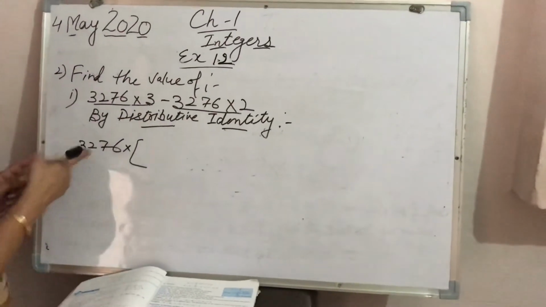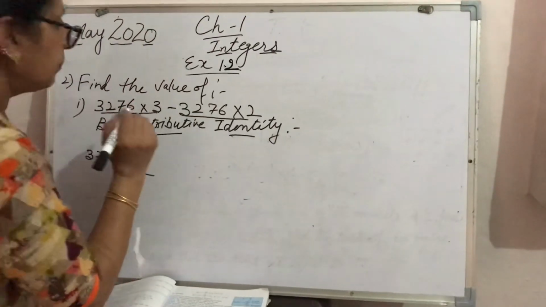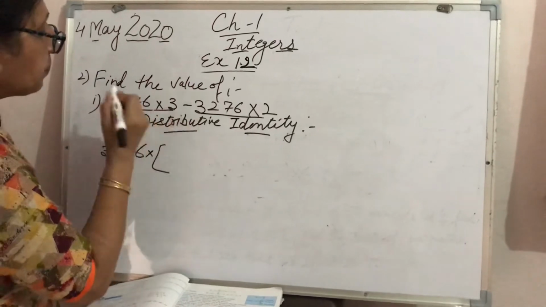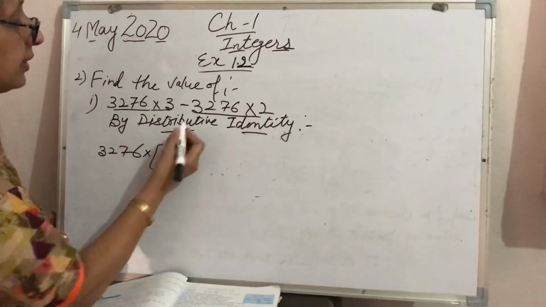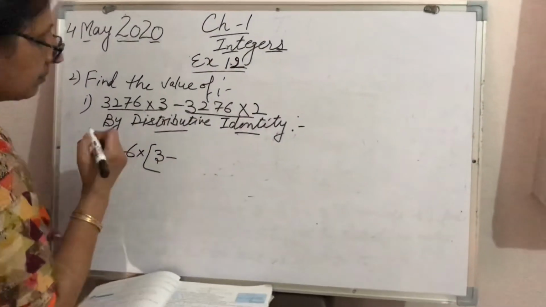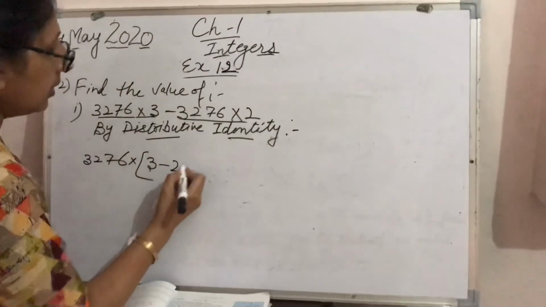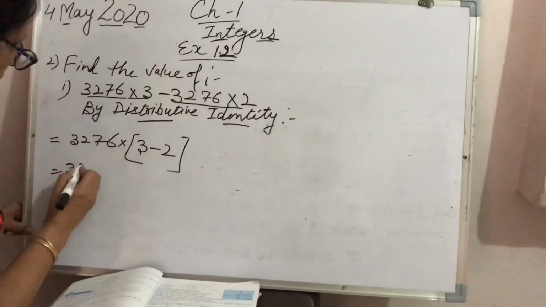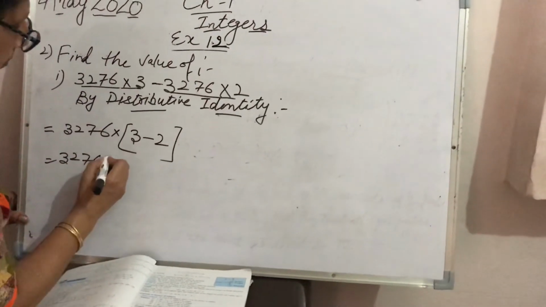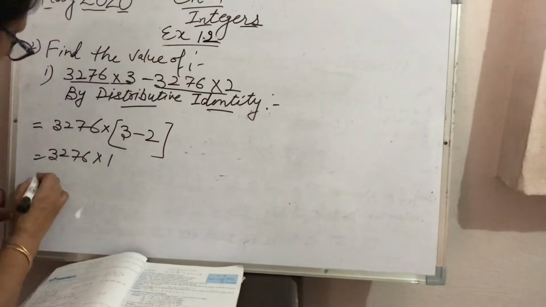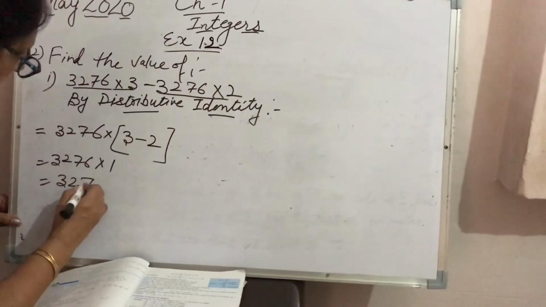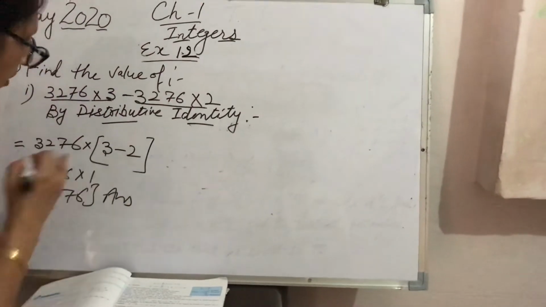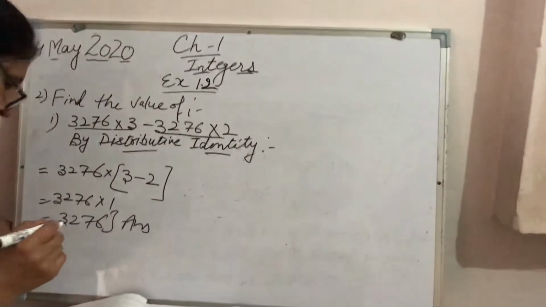So if we take 3276 common, in this pair we have only 3 and the negative sign, then in this pair we have only 2. So 3276 multiplied by 3 minus 2, which is 1. 3276. This is the answer. By using the identity, we can do it in a very simple way.